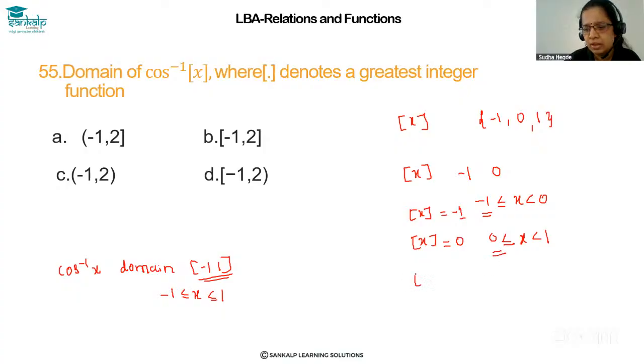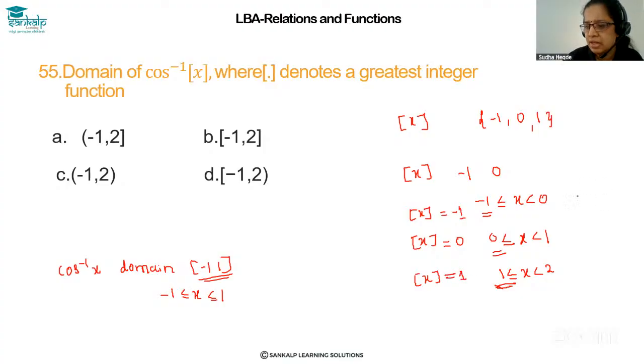Similarly, in the interval 1 less than or equal to x less than 2, because up to 1 you need to take, you have to cover 1 also. That's why we take this one also. What is the greatest integer value in this interval? Again it is the lower one, so it is 1.